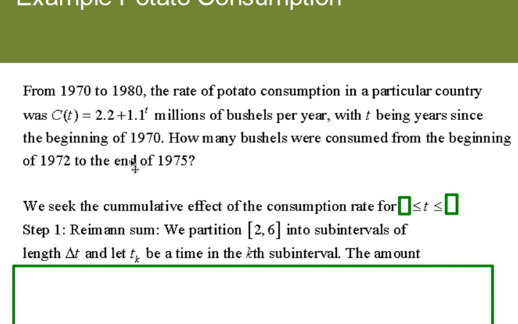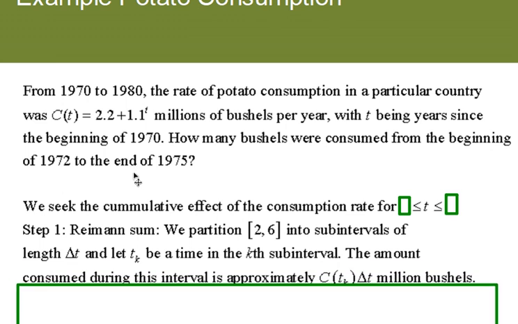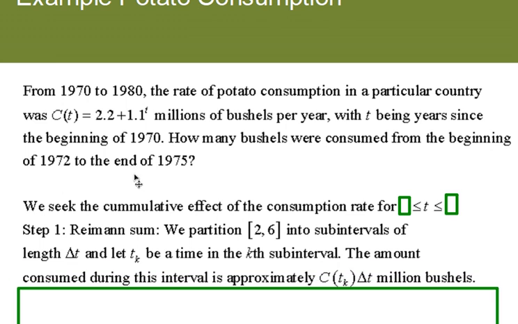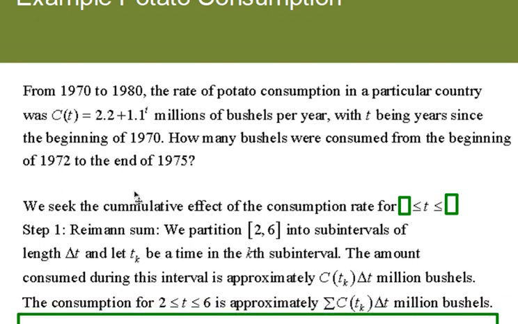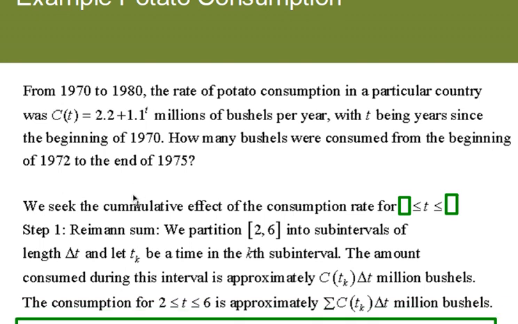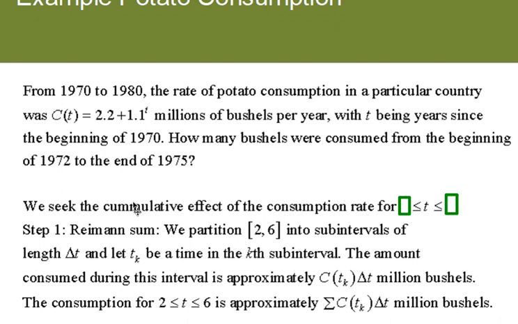And let t sub k be a time in the kth subinterval. The amount consumed during this interval is c of t sub k times delta t, because we're multiplying like little rectangles, million bushels. So the consumption from time 2 to 6 is the sum of all those.